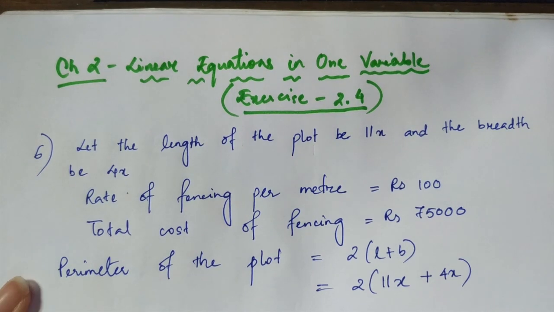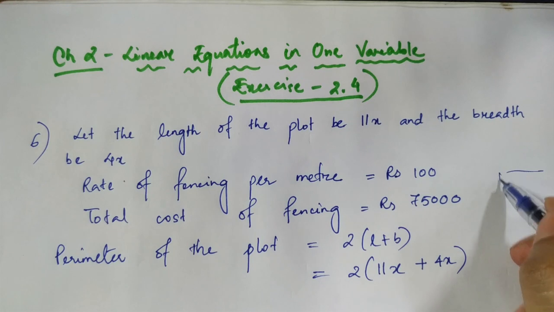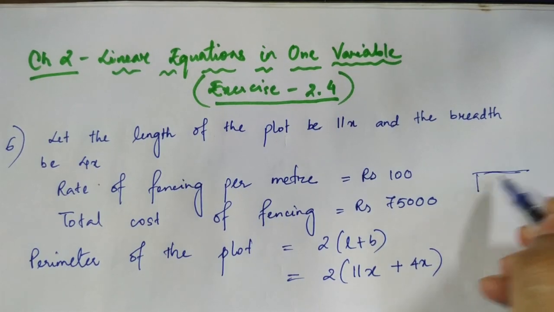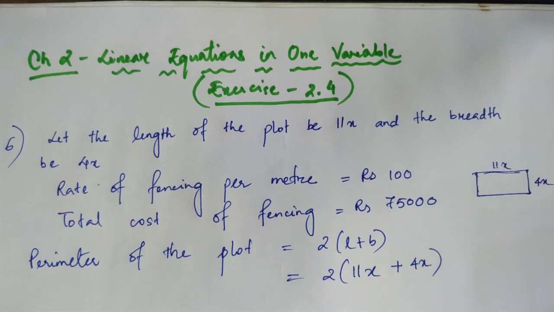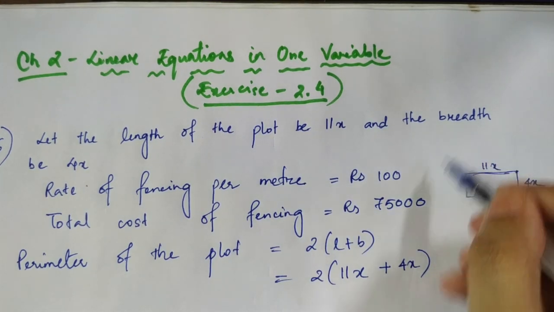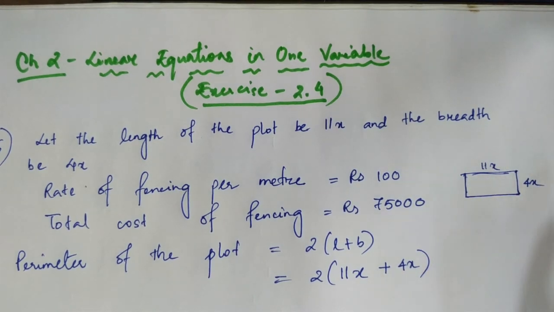Now we know when we fence or put anything around, it's the perimeter. Suppose this is the plot and we have considered this as 11x, this is 4x, right? We are fencing it and the total cost is how much? It is 75,000. And per meter it is rupees 100.